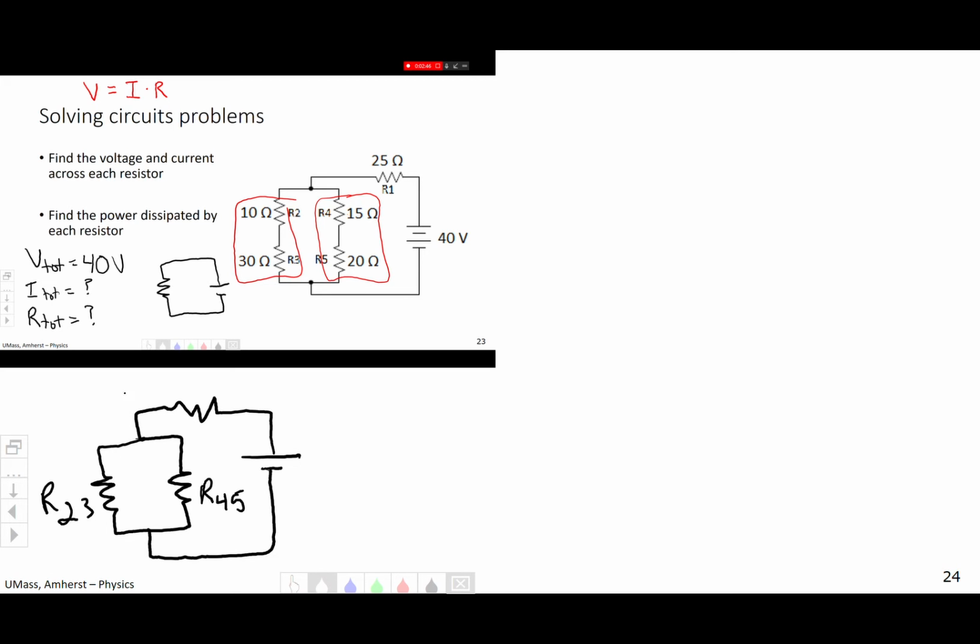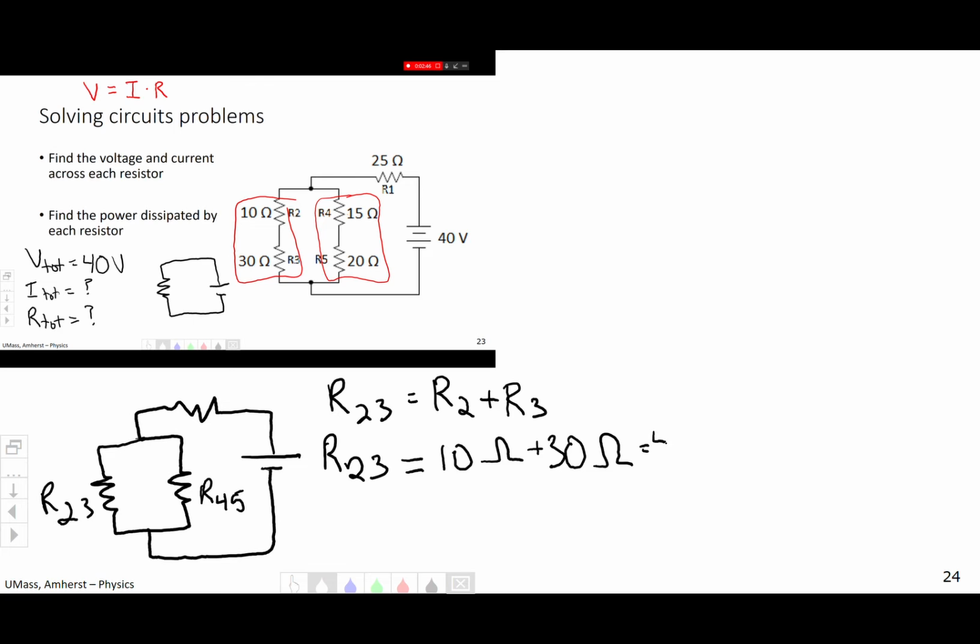Since these are in series, R23 is going to be R2 plus R3. And so that means R23 is 10 ohms plus 30 ohms, which is 40 ohms.